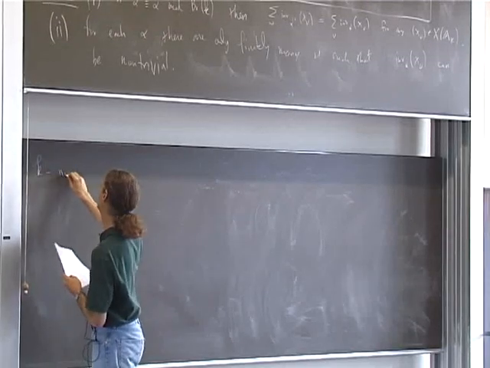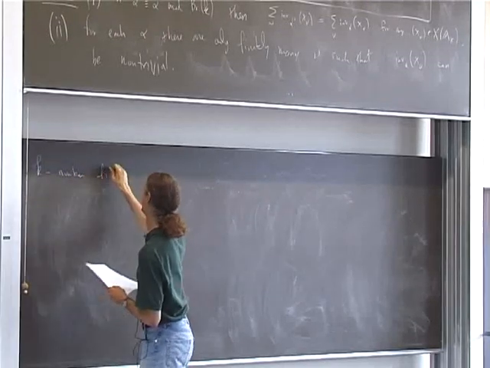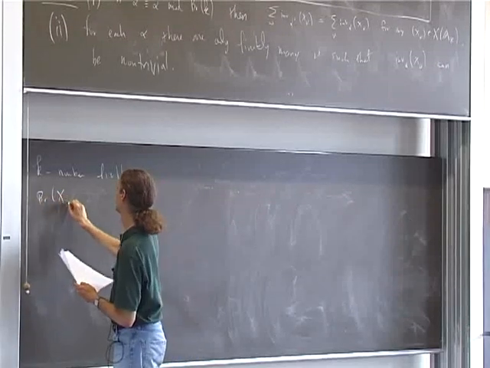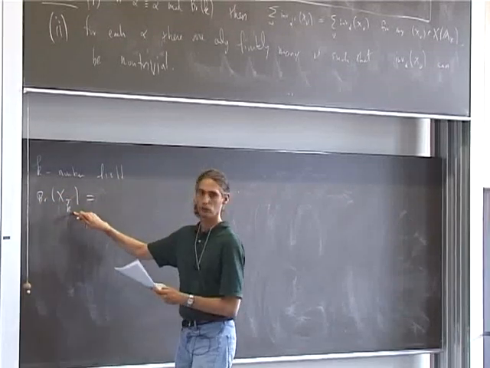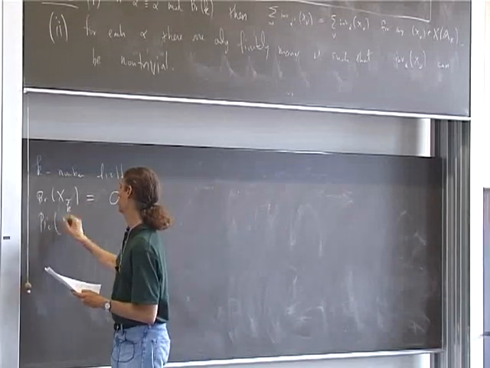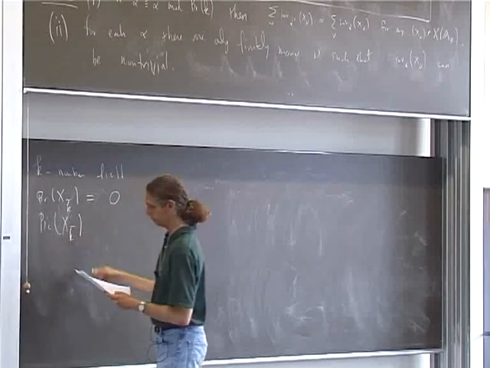So K is a number field. And then we had these hypotheses. We assume that over the algebraic closure, the Brauer group is trivial, and that the Picard group is finitely generated.